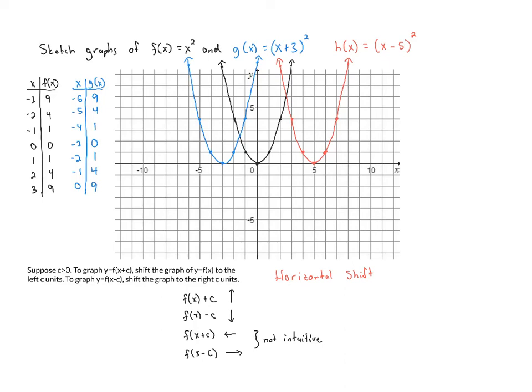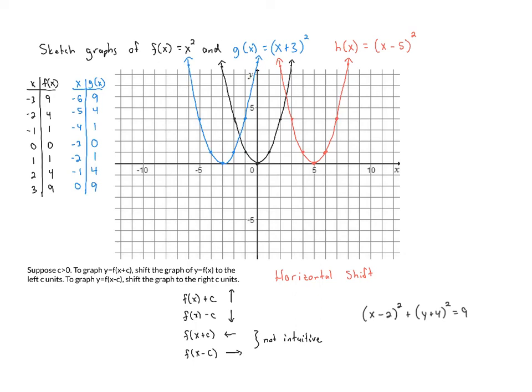And I don't want to go into too long of an explanation for why this occurs, but I do want to show you another example where we had something similar happen. Remember when we looked at circles and we had something like x minus 2 squared plus y plus 4 squared equals 9, for example.